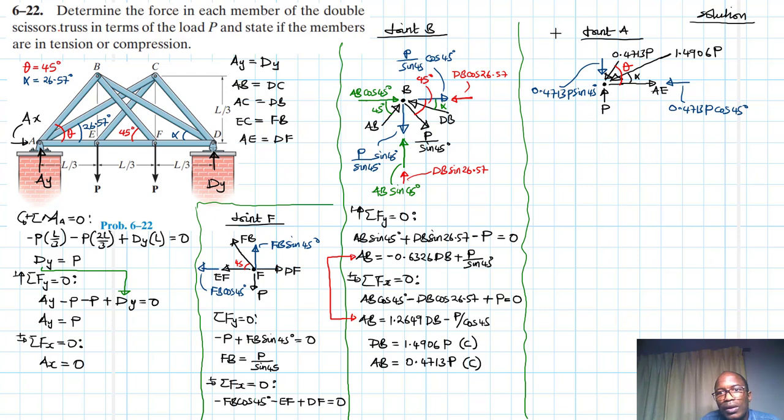Alright, then we'll have another component for this other force, which is 1.4906p sine alpha, which is 26.57. Okay, and then we'll have another component there like so. So this is 1.4906p cos 26.57.